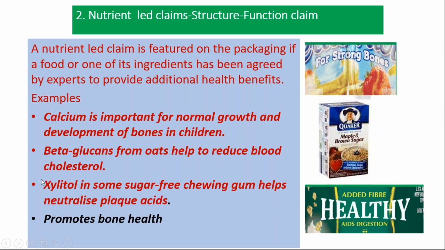If xylitol or the sugar alcohols are there, you can say that it helps to neutralize plaque acids. Calcium promotes bone health. Curcumin is anti-inflammatory. So where there is science and evidence, those claims are called nutrient-led claims.